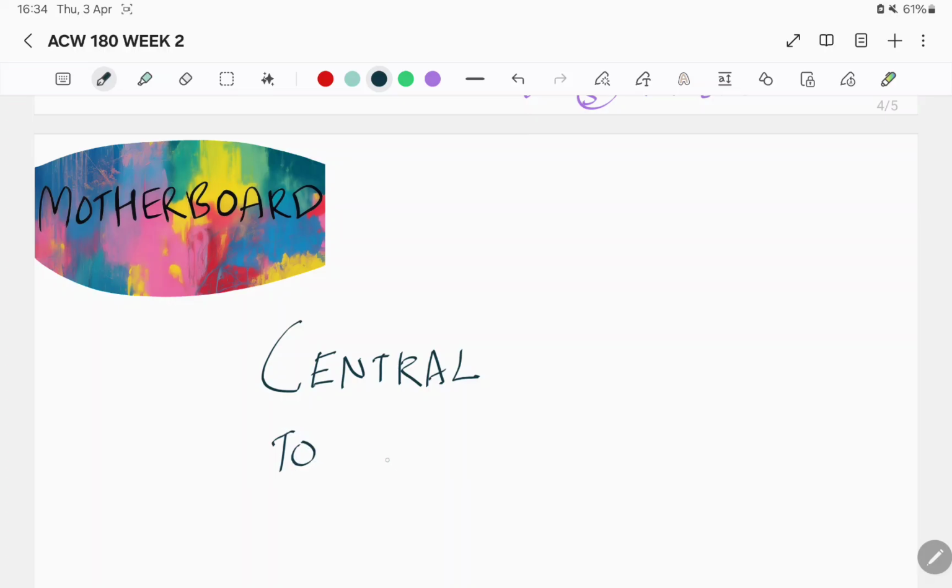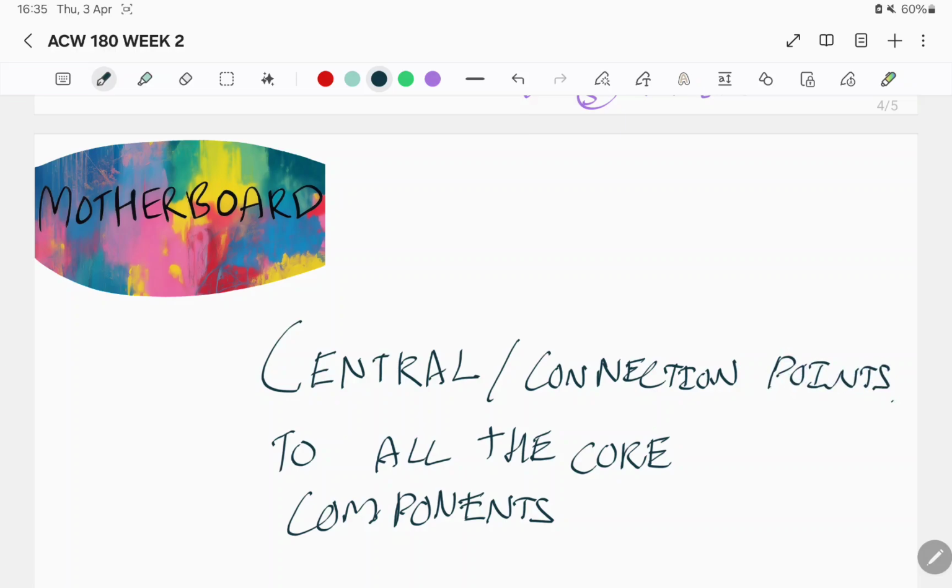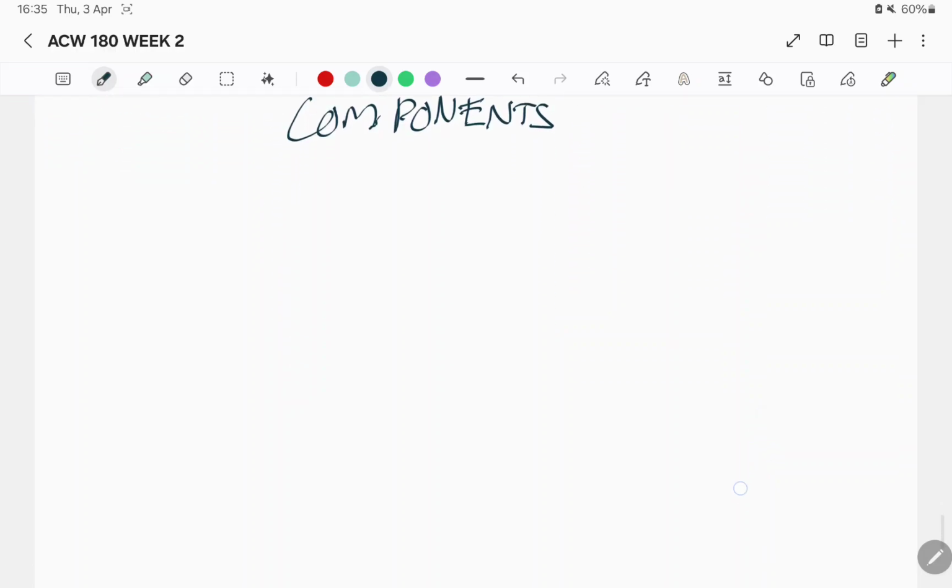Central to all the core components, slash connection points. Okay.